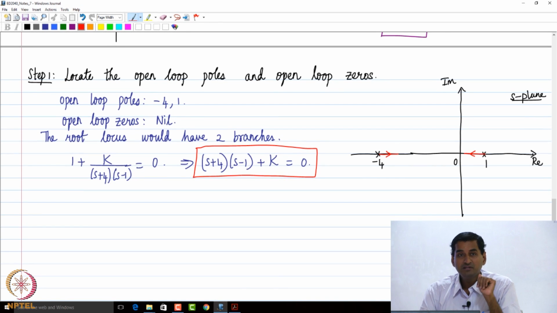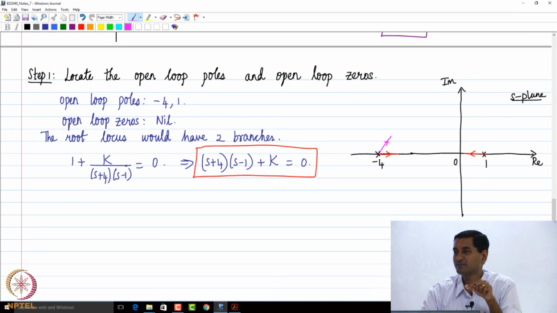So, please note that -4 is on the real axis. Can a branch go anywhere else other than on the real axis? Please note what each branch indicates. Each branch tells me the root of the closed loop characteristic equation. So, suppose can I have a branch from -4 starting like this and going like this?